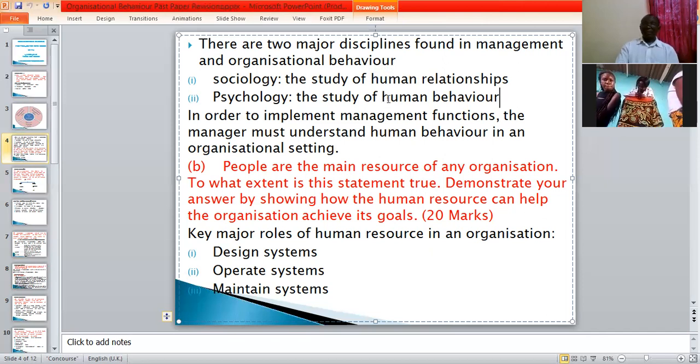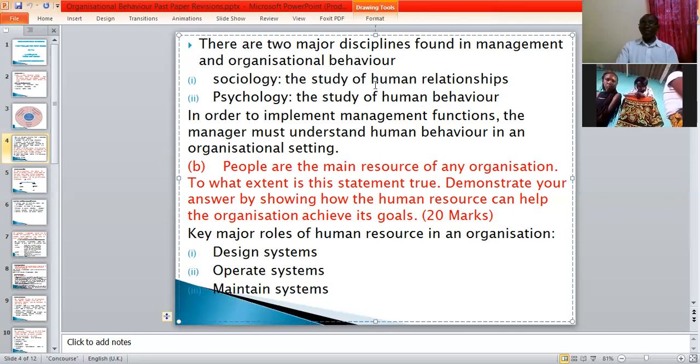Okay, let me proceed. Do you agree that the behavior of human beings in an organization can affect the achievement of organizational objectives? Do you agree? Yes. This is a relationship.